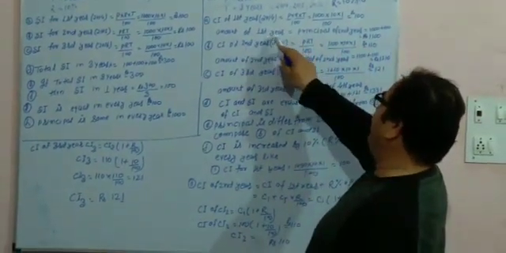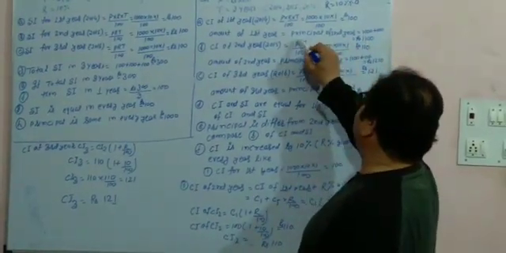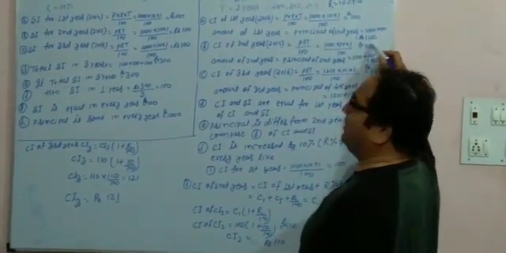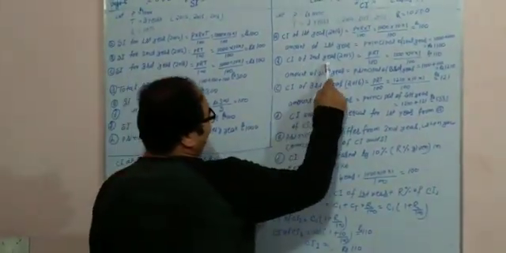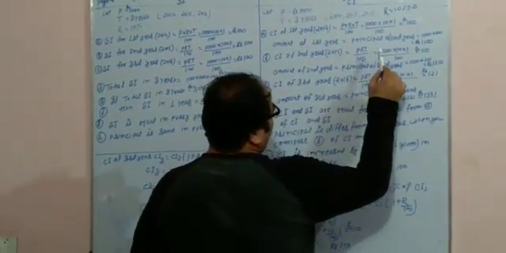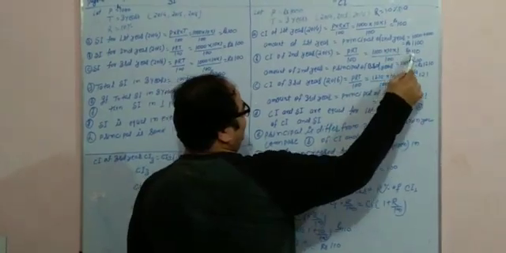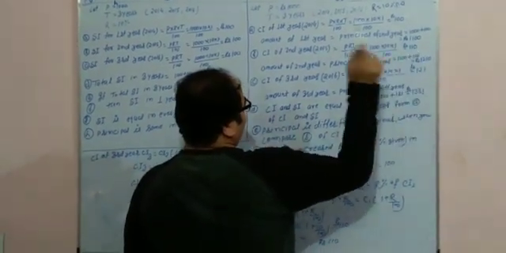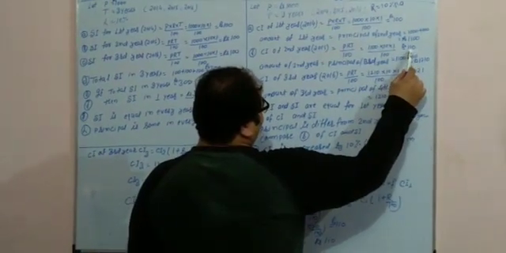So amount of the first year is 1100 and the principal of the second year is also 1100. CI of the second year, that is 2015, is equal to PRT by 100, which is 1100 into 10 into 1 by 100, equal to 110. So here the compound interest for the second year is 110.